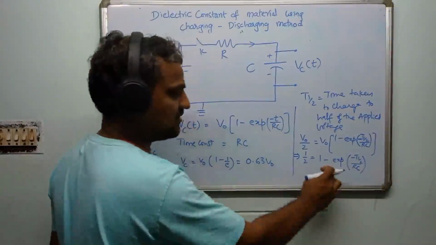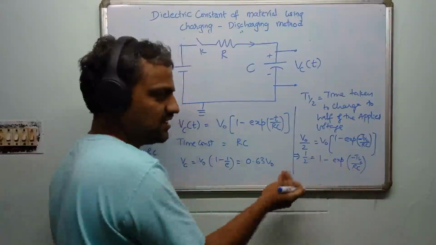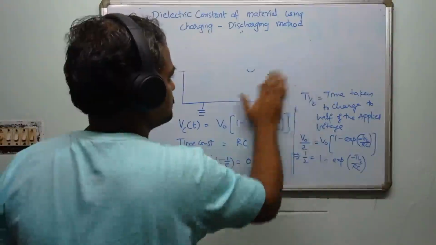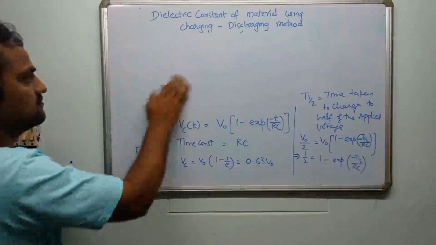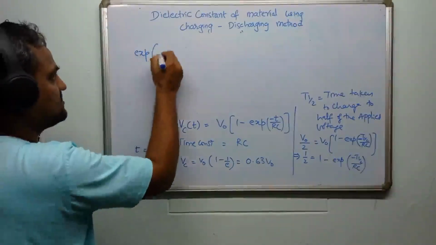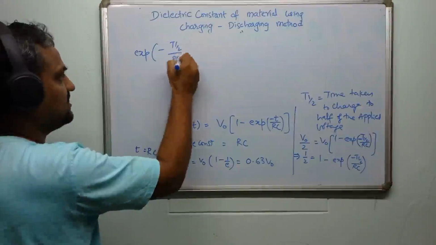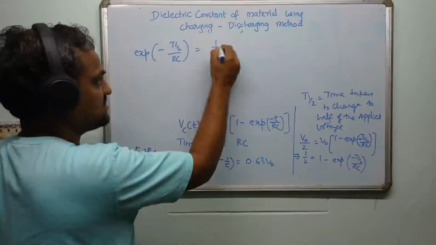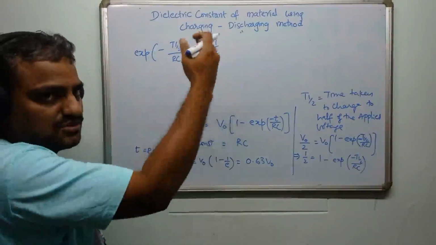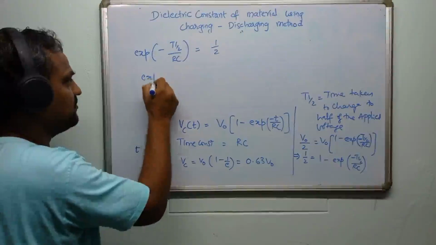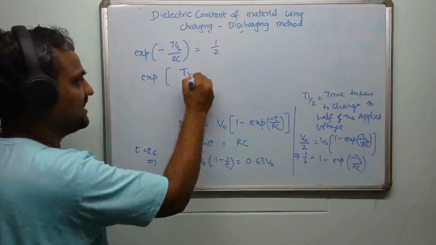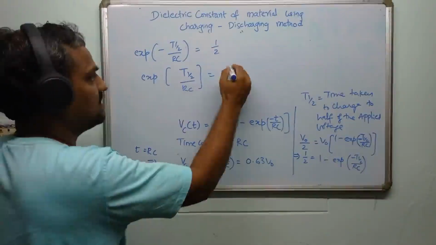If you rearrange this, the half goes to the other side, which becomes half, and the exponent comes to this side. So the expression now takes the new form: exponential of minus T half divided by RC is equal to 1 minus 1 by 2, which is half. If you just invert it, e to the power minus x is equal to 1 by 2, so e to the power x equals 2. So exponential of T half by RC is going to be just 2.